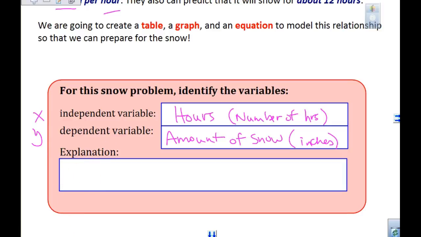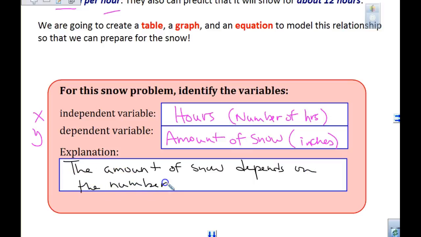We might put that the amount of snow, in this case, depends on the number of hours it has been snowing.